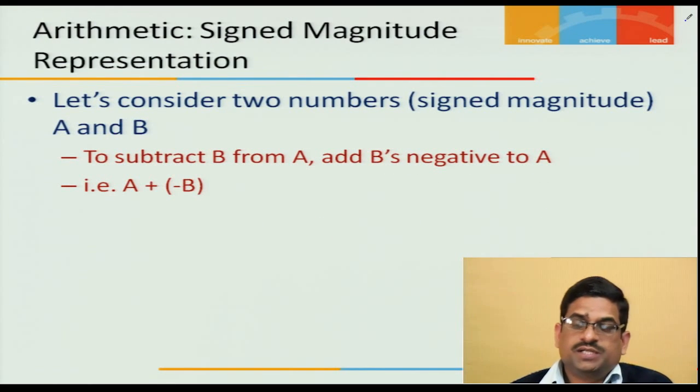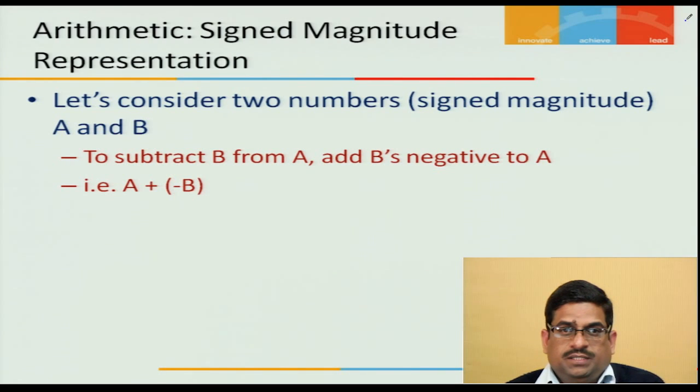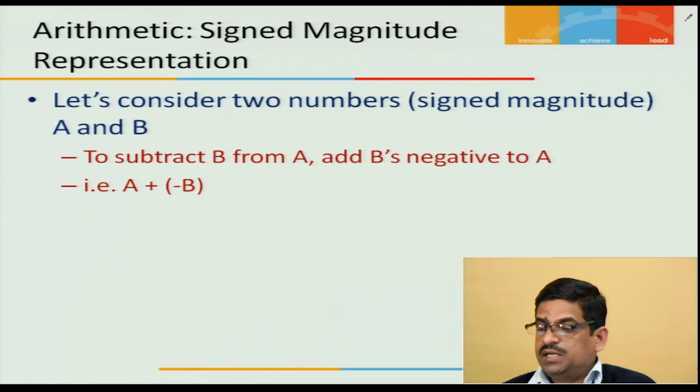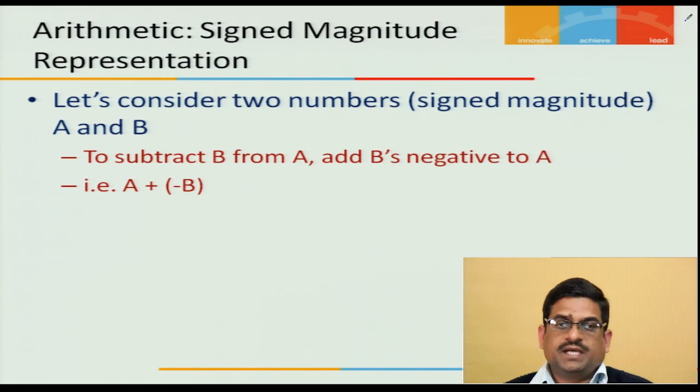Now the representation is fine. Now look at the computation part, or arithmetic operations. Can we correctly do the arithmetic operations in the case of sign magnitude representation? How to perform the subtraction, that was the important question. Now we have a way to represent the negative numbers.